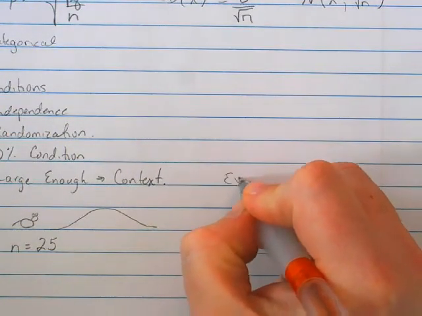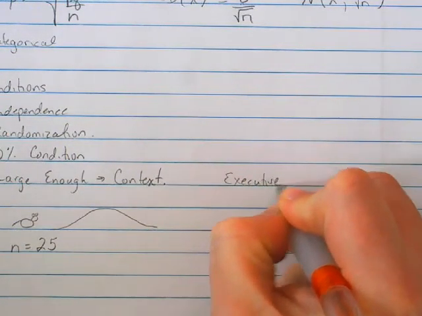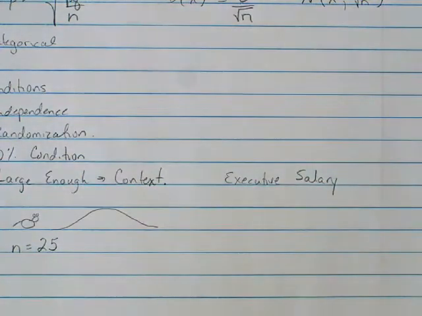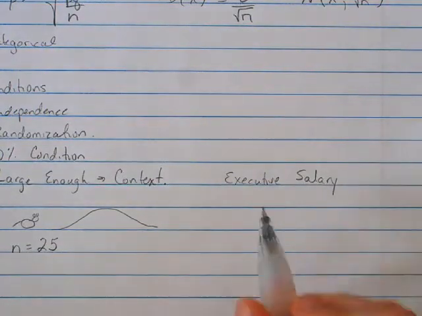Well, what about executive salary? Now remember, an executive is anyone at the top end of a company. So we could be talking about anyone from Jeff Bezos to Miss Ayers. They are all executives. But I'd say that their salaries are pretty spread out.